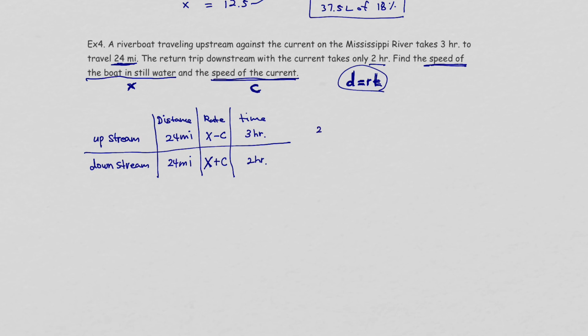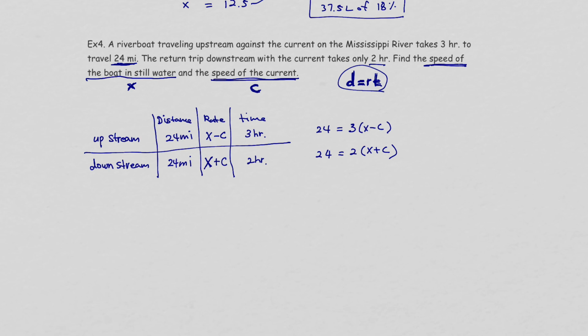Distance equals rate times time. So it will be 24 equals x minus c times 3. I could write 3 times x minus c just to make it easier to see. Same thing here: 24 equals 2 times x plus c.